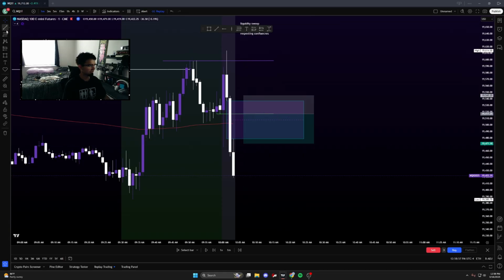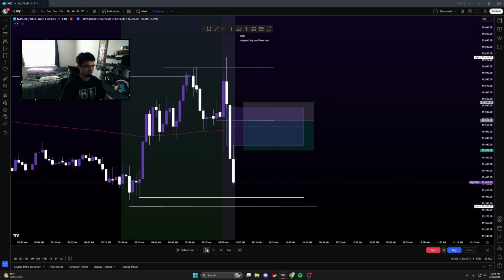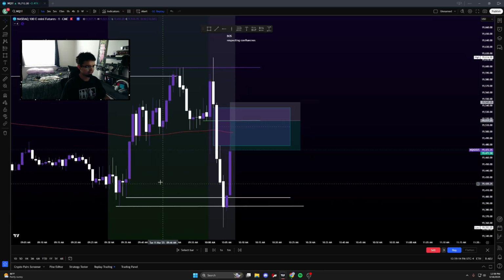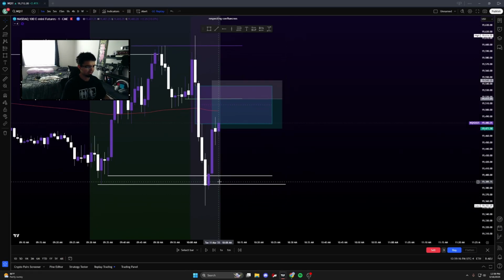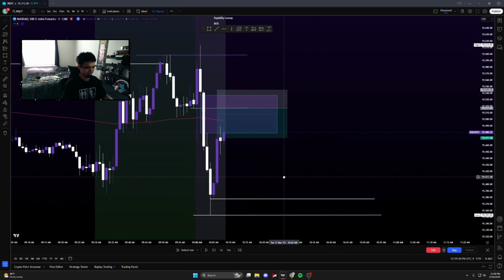What are we going to do? We're going to target either a 3R or target lower levels of liquidity. Okay. So we're waiting. Price sweeps out this low, okay, and creates a newer low, creating new levels of liquidity.